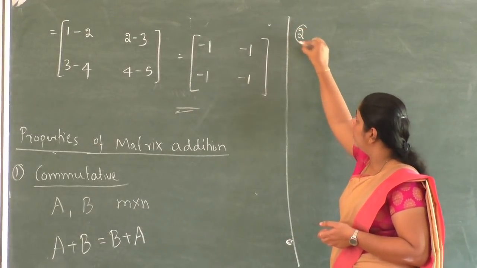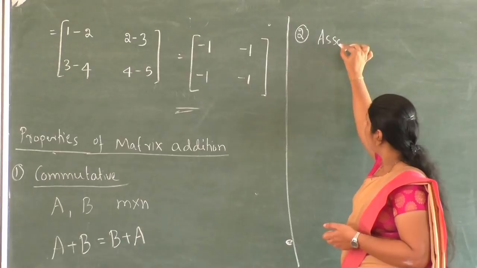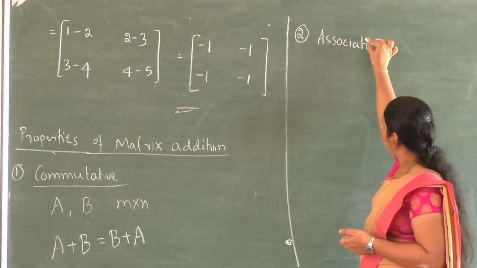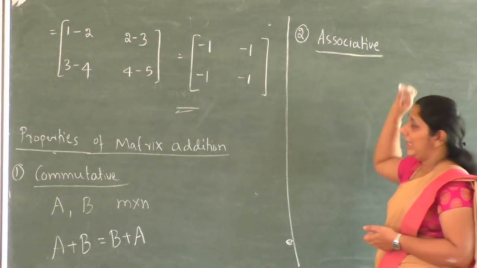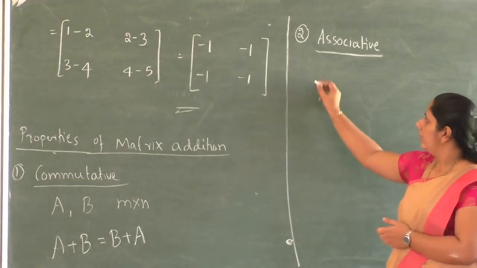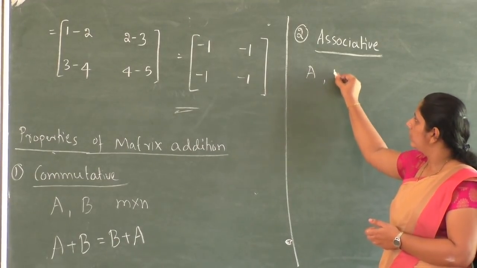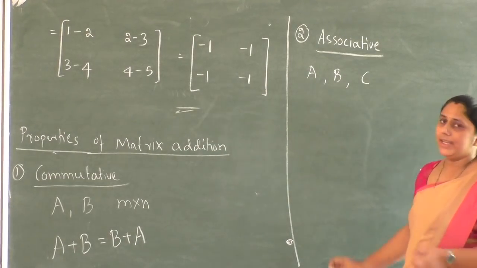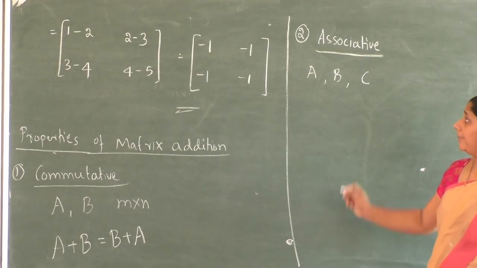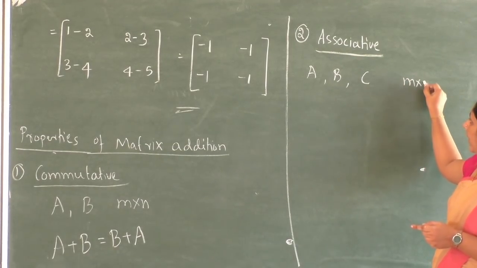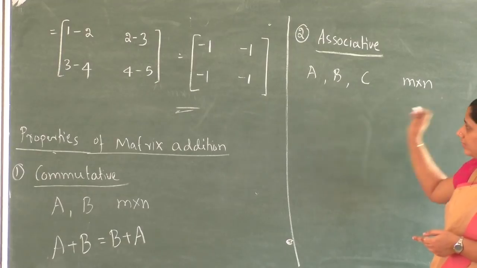Now second, associative law. For this we have to consider any three matrices, that is A, B, C of same order m cross n.